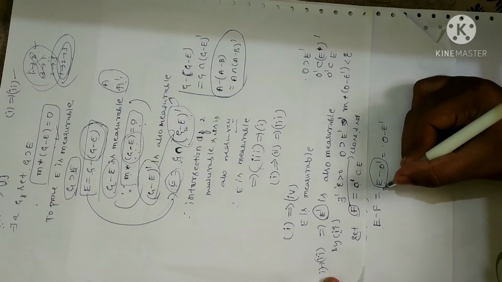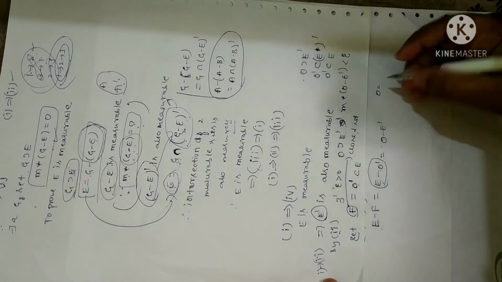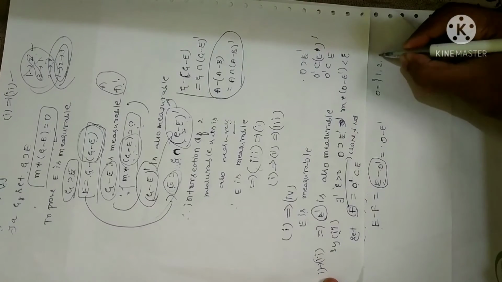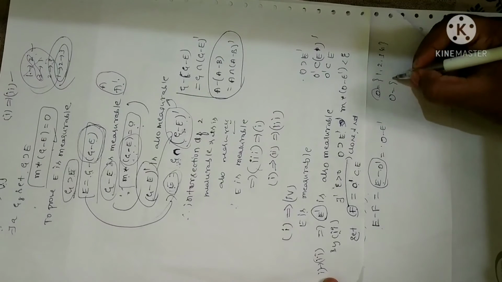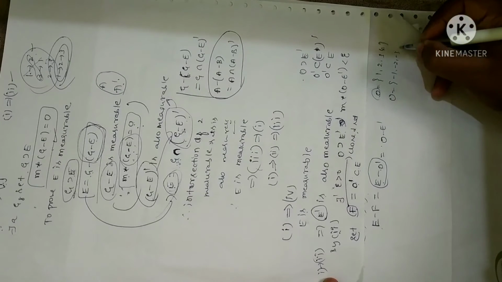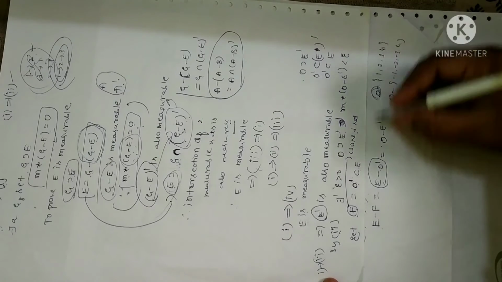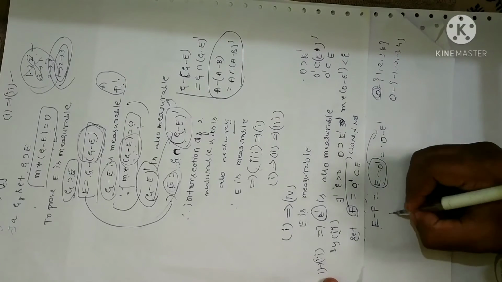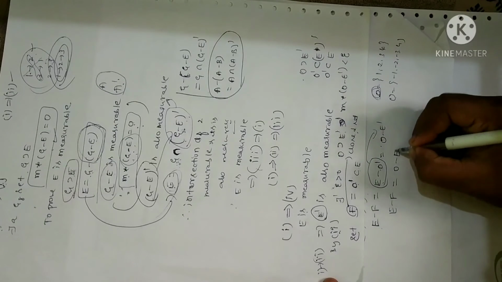If you take the minus sign common, it is something like, if you have an open set like 1, 2, 3, 4, the notation will not be changed. If you multiply the minus sign inside, the notation of the set will remain the same. Only the properties of the set will change. So I can rewrite this as O minus E complement. So what I have obtained is E minus F is equal to O minus E complement.